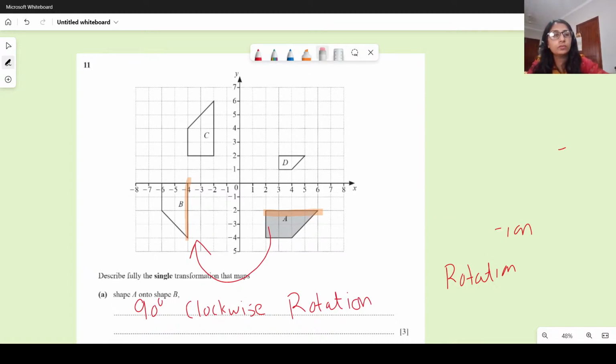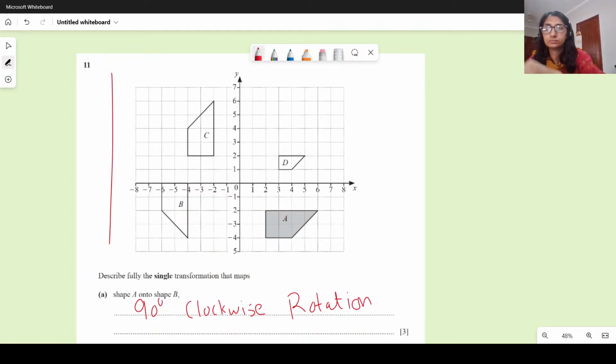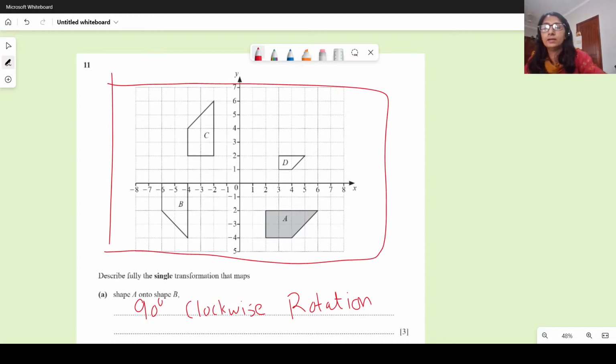Now for center of rotation, you would need a tracing paper. So what you do, you place the tracing paper on the sheet and you trace this trapezium A on the tracing paper. Then you randomly select a center. Let's say 0, 0 is the center.